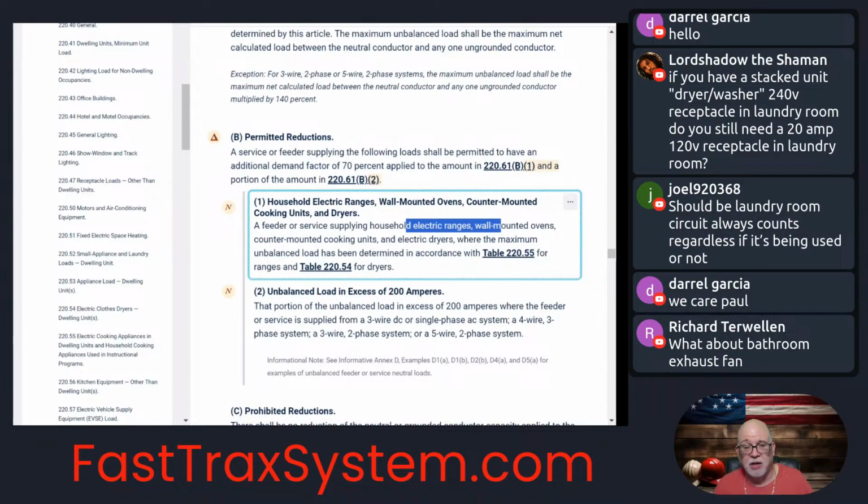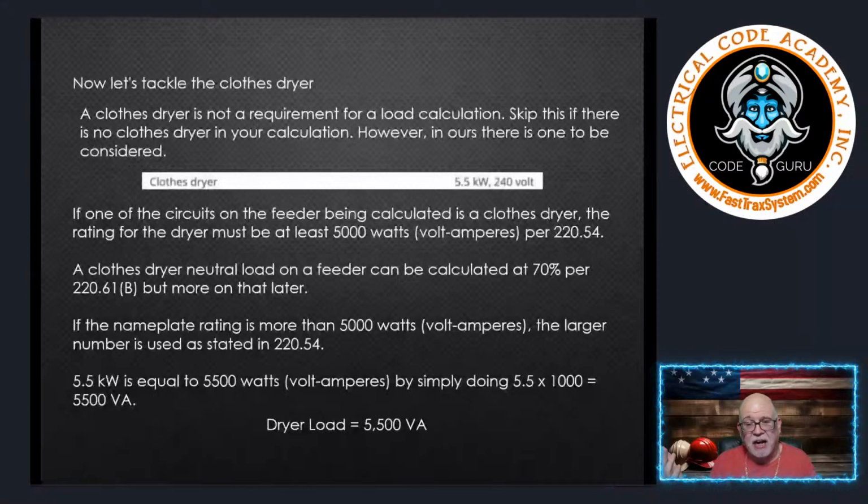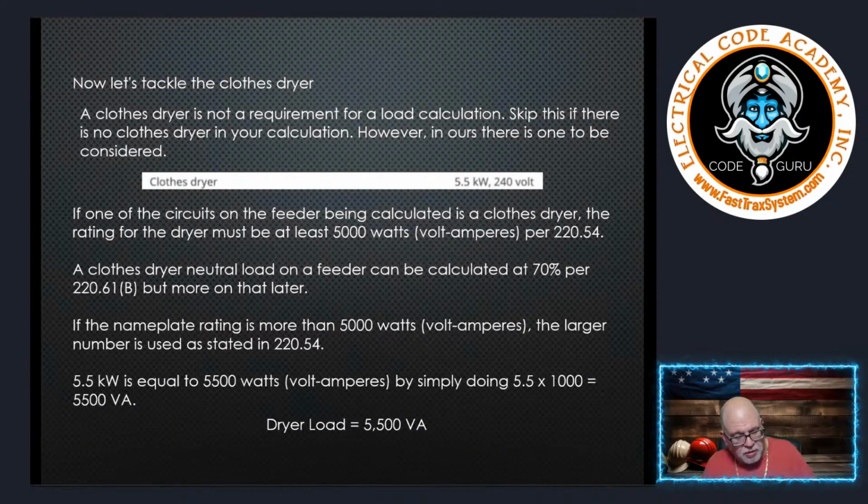So while we're here, we're going to knock out the neutral. Why not get it out of the way since we're here? So I'm going to take that 5,500 and multiply that by 70%, or 0.70. Always easier to convert to decimal. So 5,500 times 0.70 equals 3,850.